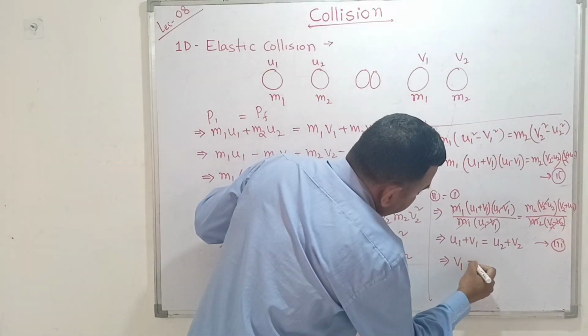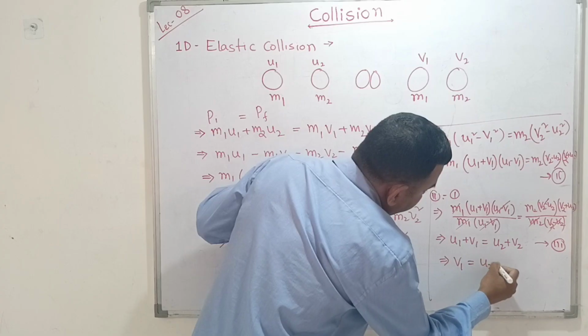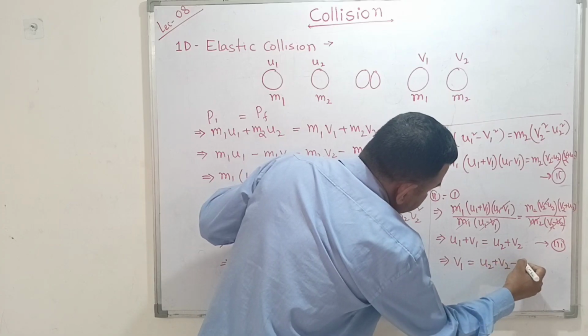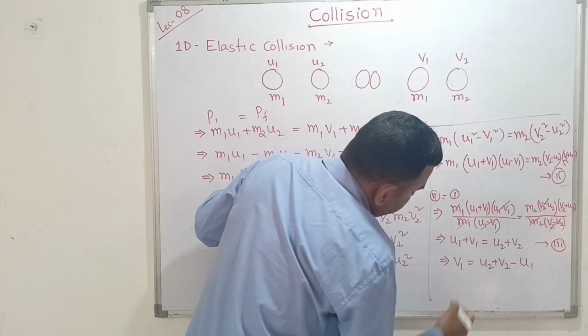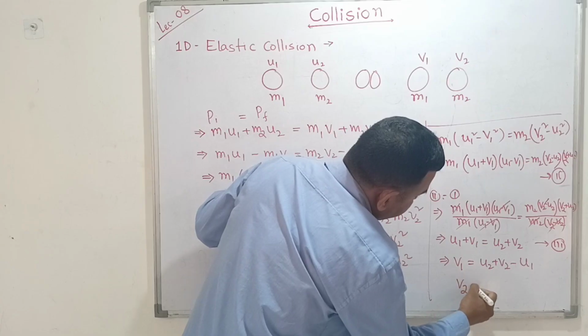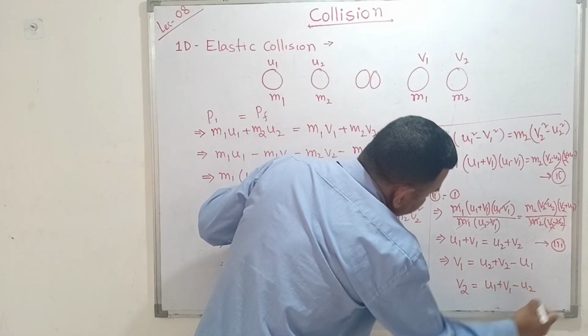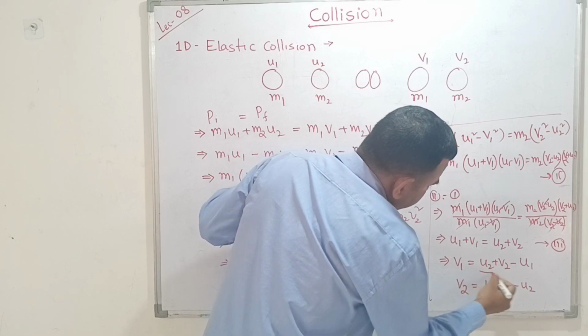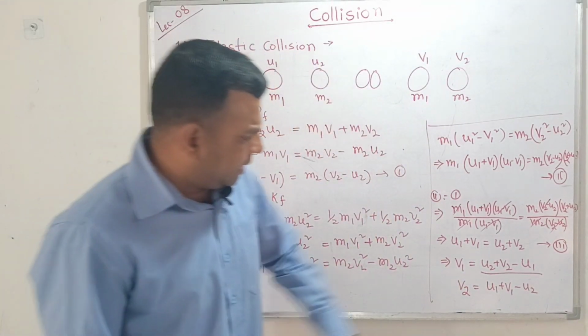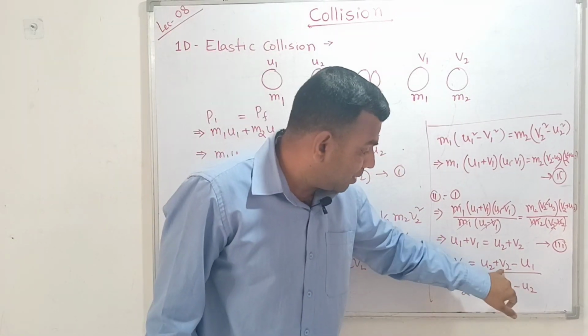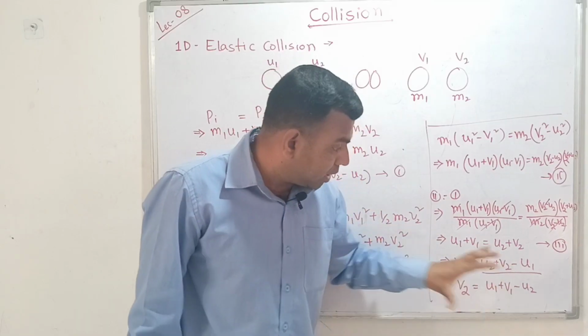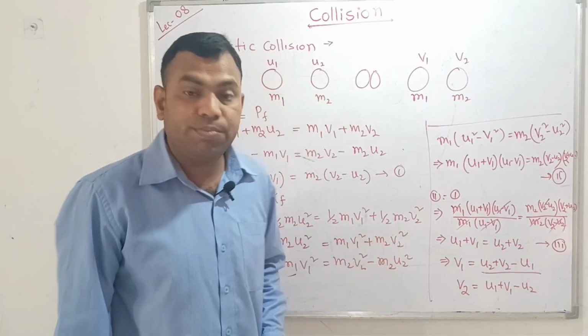So b1 equals u2 plus b2 minus u1, and if we want b2, then it is u1 plus b1 minus u2. Look, in this equation there is a known quantity, but there is also an unknown quantity. So we cannot find b1 and b2 with this alone.